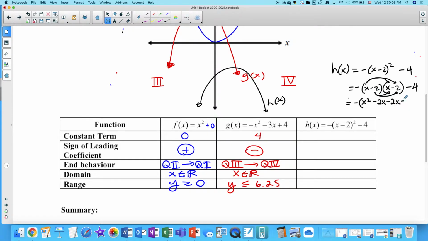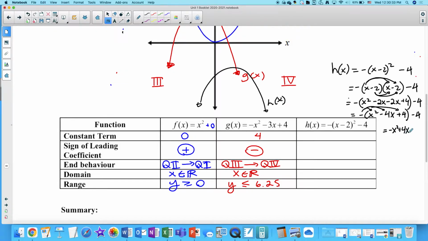Minus 4. And I can simplify that a little bit because there are x terms that are alike. So negative 2x minus 2x is minus 4x plus 4 minus 4. And then I can distribute the negative sign in. So this is going to become negative x squared plus 4x minus 4 minus 4.